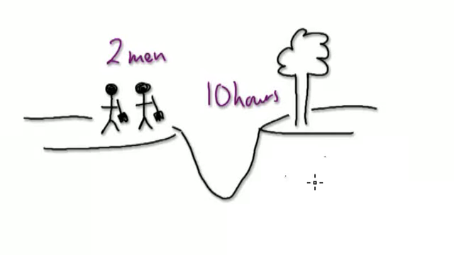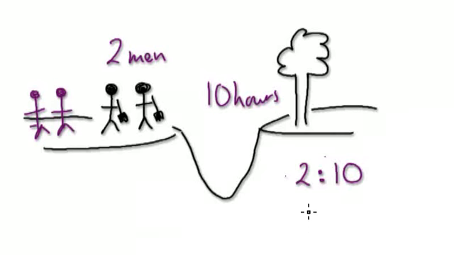Okay, 10 hours. So you can write the ratio like this. Two men take 10 hours to dig this hole. Now, if you increase this to, let's say, 4 men, you've times this by 2, but then think about it.